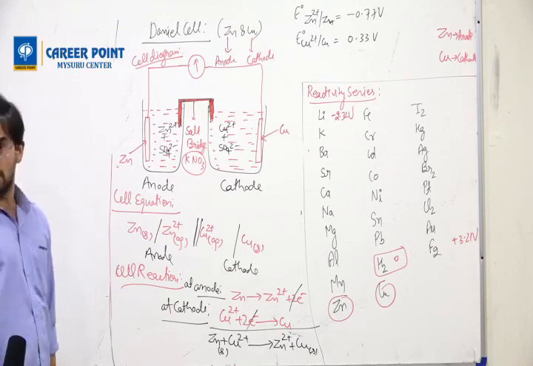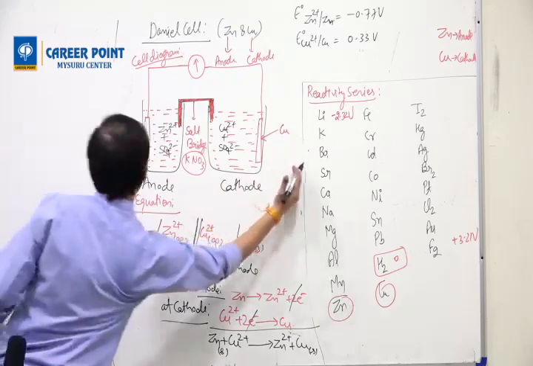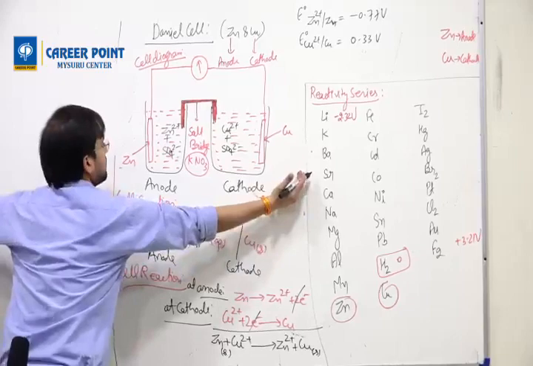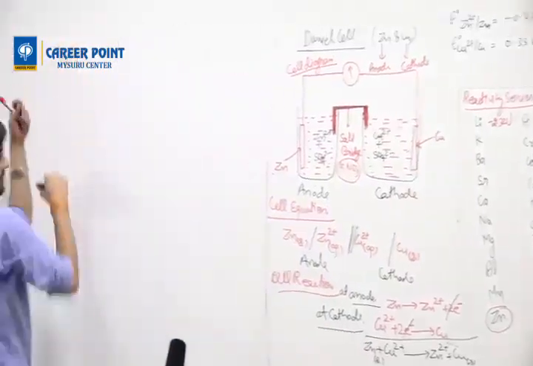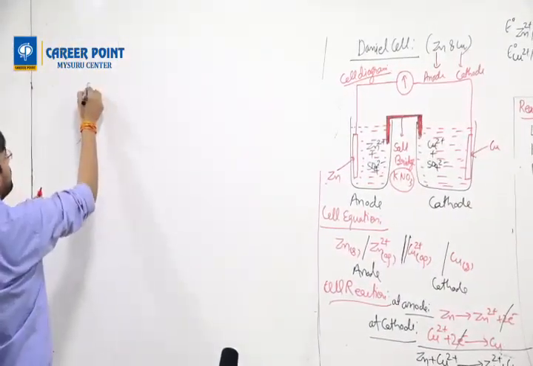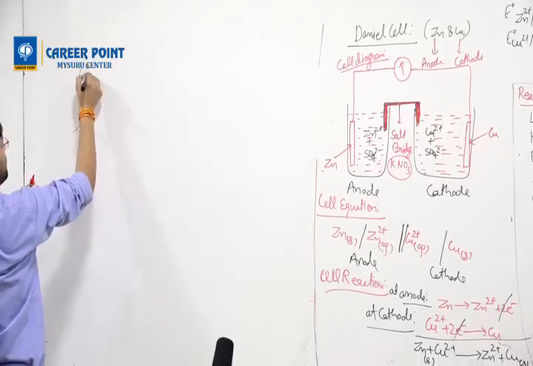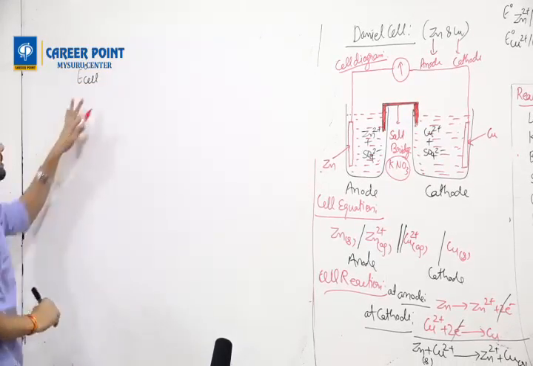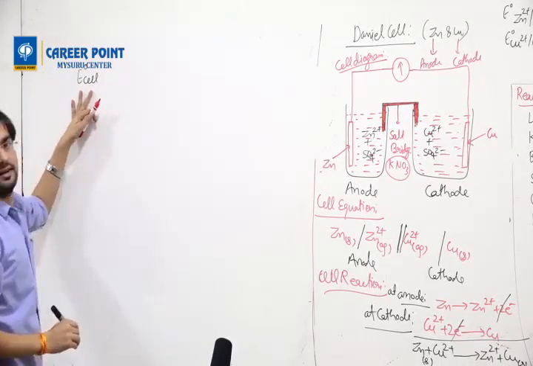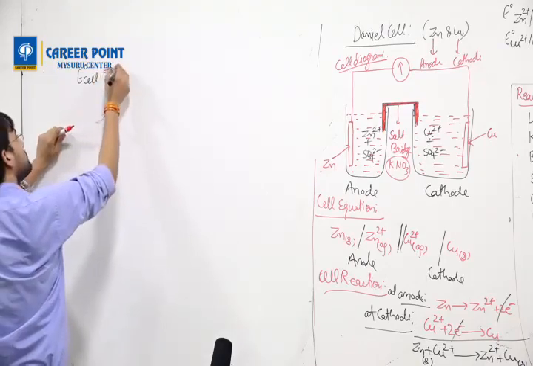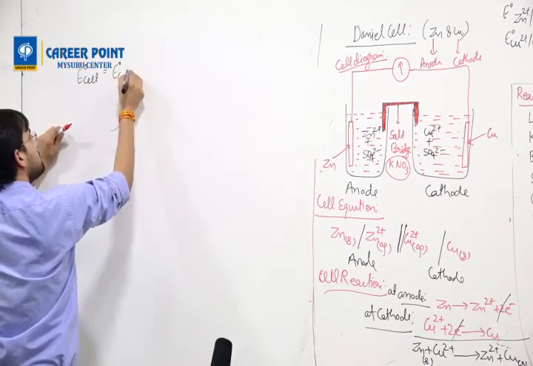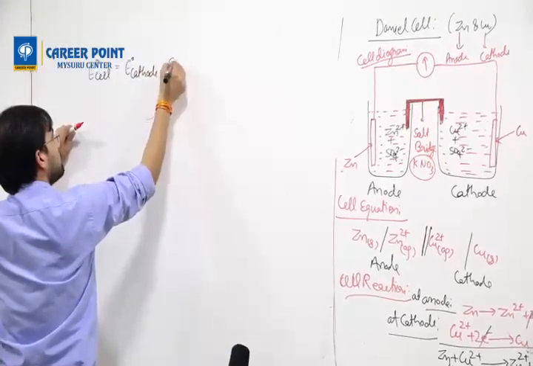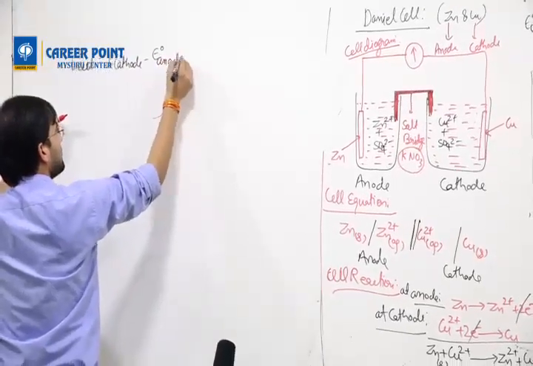Okay. Now I want to find E naught cell. This is called standard EMF. This means E naught of cathode minus E naught of anode.